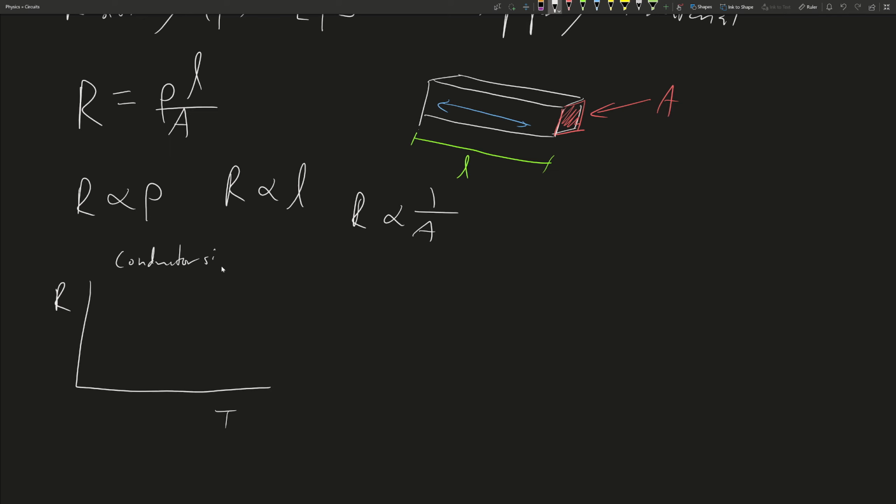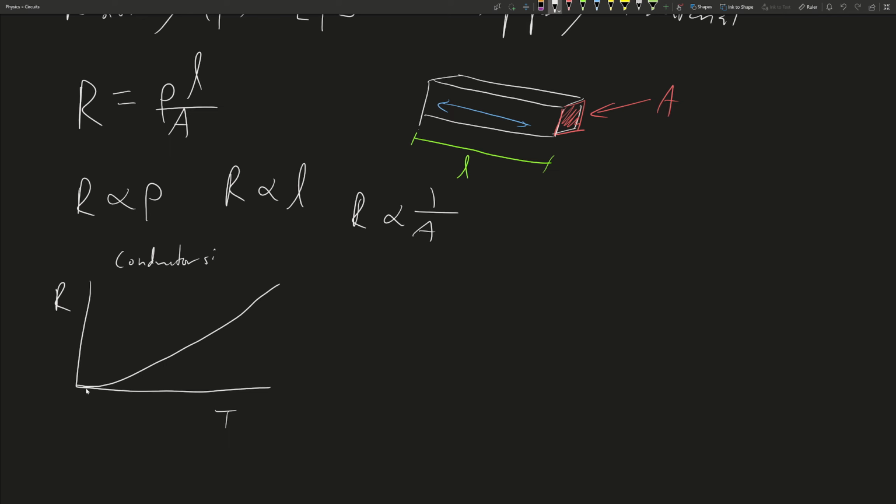For conductors, it'll look something like this. So these are extremely low temperatures, around absolute zero. Around absolute zero, most conductors will act like superconductors or have really close to zero resistance.